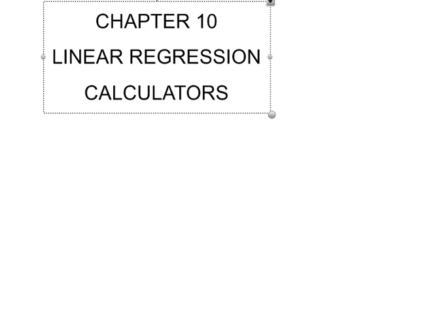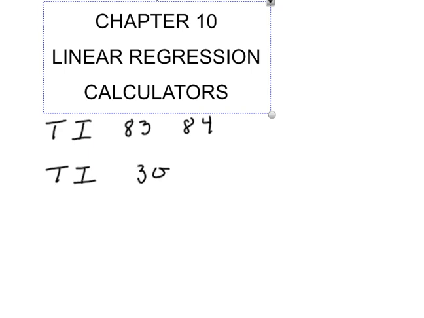This one is strictly talking about the use of calculators, and we're going to be looking particularly at the TI 83 and 84s, the Silver Plus, all the different versions of those, and then the TI 30XIIS, which is basically, think of just a TI-30, but it has to have two variable statistics.